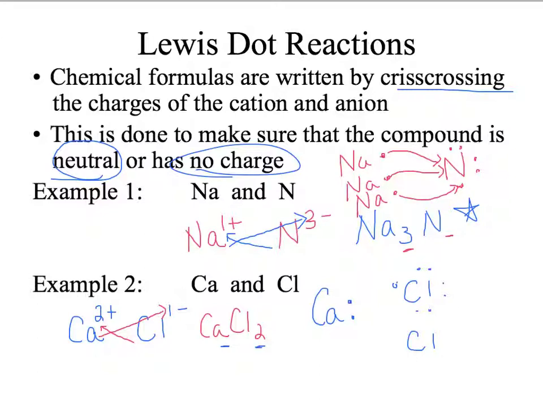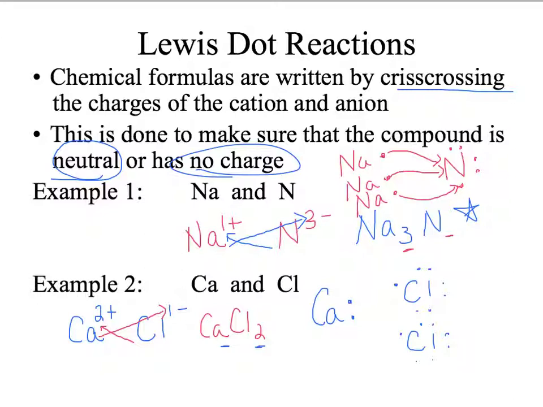I'm really not good with the stylus and trying to draw these. Okay, so each one of them, oh, I got too many on that chlorine. Okay, you guys are probably already done with this, but each chlorine has 7 right now.